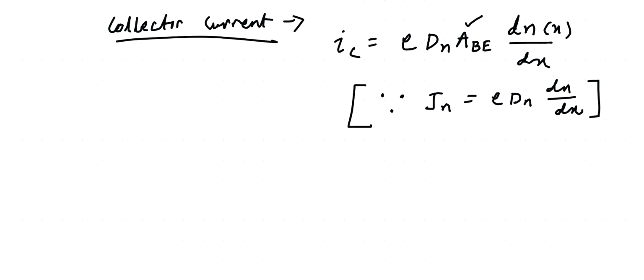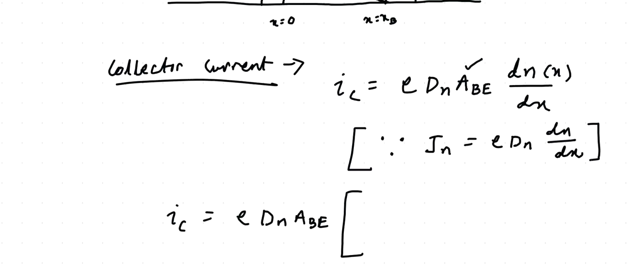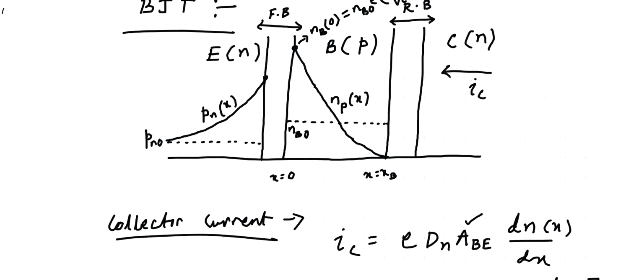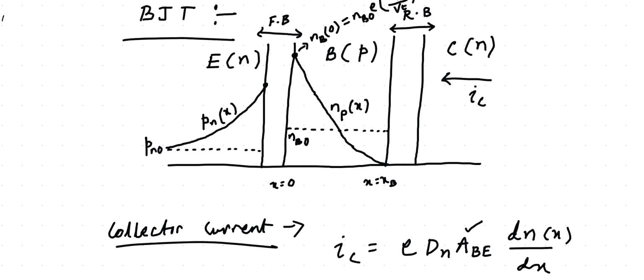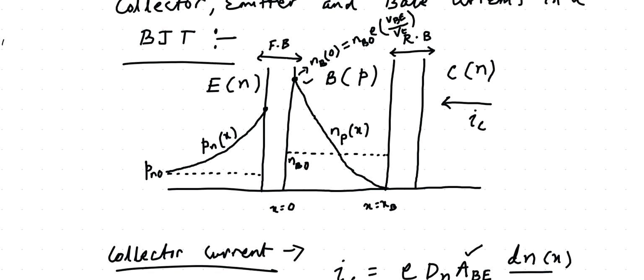We can write this IC, the collector current, is E Dn. We have the area ABE, and then we will write dN by dx, which is the variation of electron concentration. You can see in the base region, NB at x equal to 0, the value is given as NB0 e^(VBE/VT), and here it is 0.